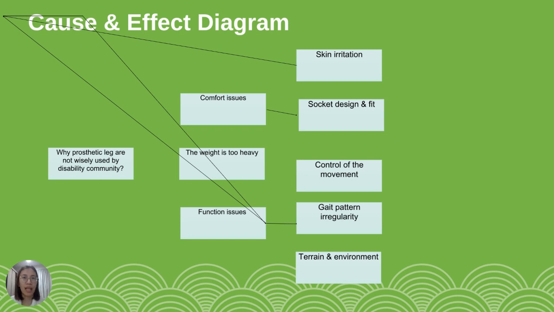These effects can collectively discourage individuals within the disability community from using the prosthetic leg as frequently or effectively as they would like, impacting their overall quality of life and mobility. It is very important for us to address the causes and improve the prosthetic leg design and functionality to enhance acceptance and use within the disability community.